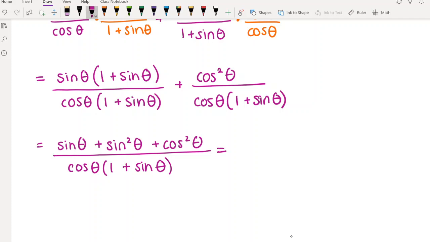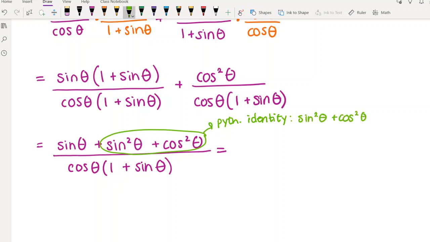Okay, so from here, where do we want to go? Well, like I just said, we have a Pythagorean identity, right? We know that by the Pythagorean identity, sine squared of theta plus cosine squared of theta is equal to 1. And so you should really be looking out for getting that, because that's a way to really simplify your function a lot. So this whole thing is just going to become now sine of theta plus 1.